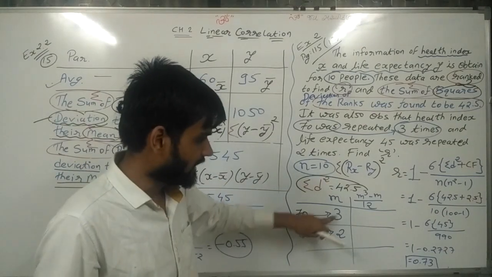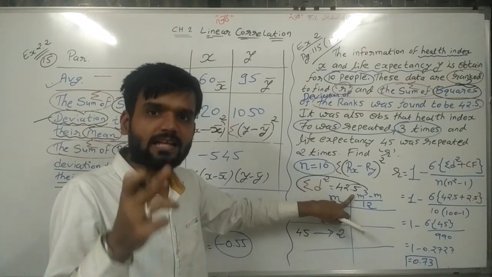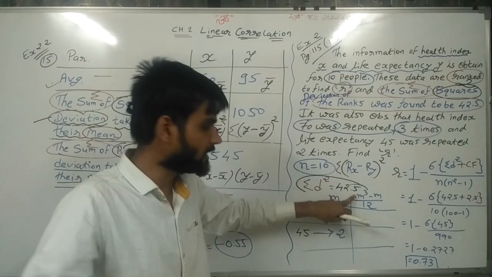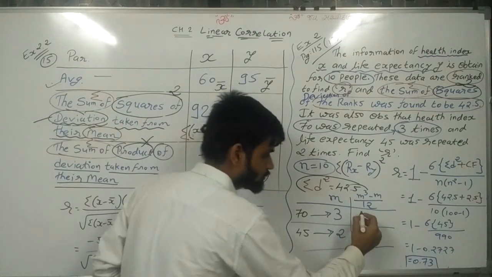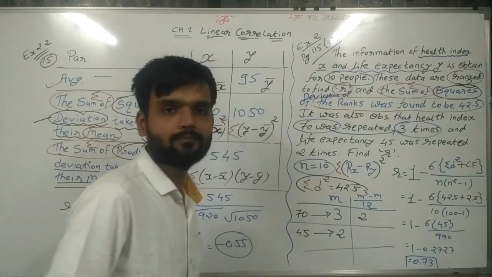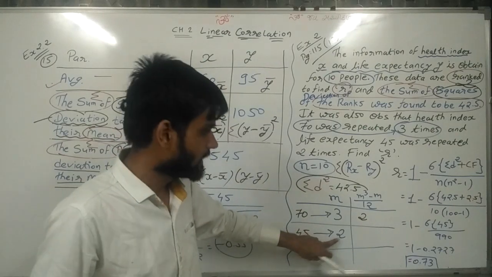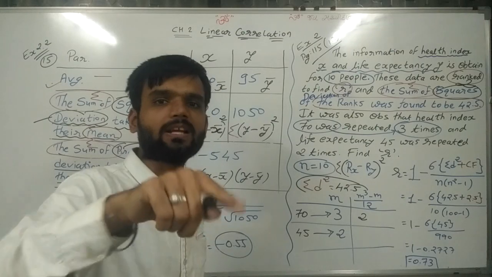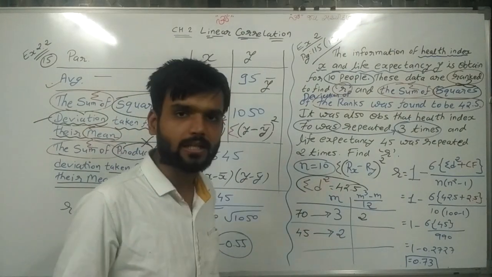Now 3 cube: 3 3s are 9, 9 3s are 27. 27 minus 3 is 24. 24 divided by 12, answer is 2. Same way, here 2 is M. 2 cube: 2 2s are 4, 4 2s are 8. 8 minus 2 is 6. 6 divided by 12 is 0.5.